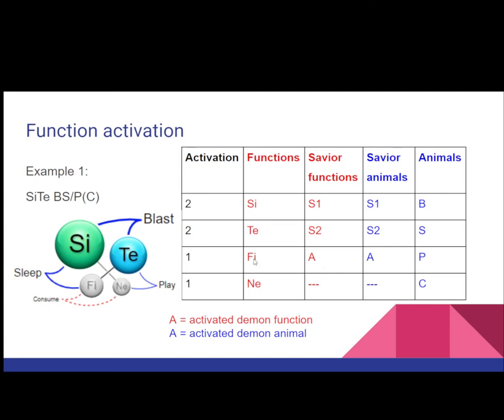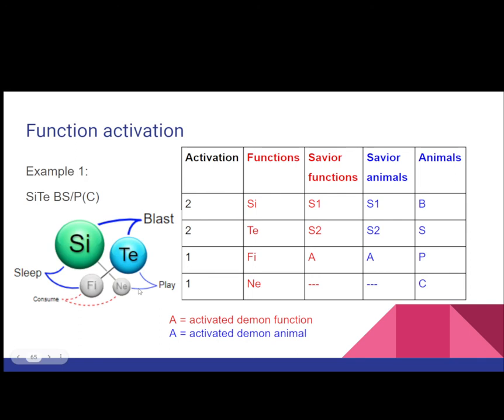Now let's look at the third function in the stack, FI. Over here, we see that FI is being activated from sleep. We don't count the consume, because we don't count the last animal when we're measuring function activation. That's why it's shown in the dotted line here. So FI is activated once.